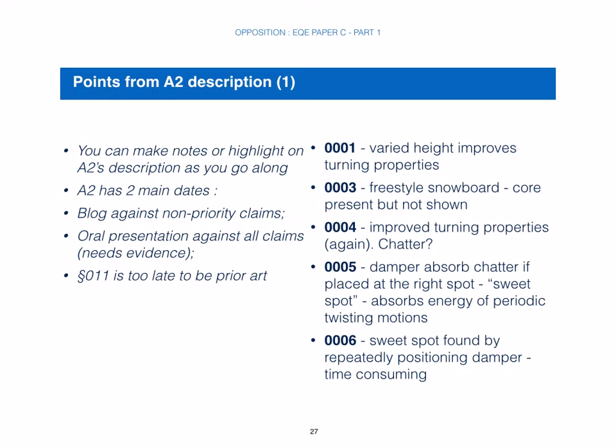Paragraph 4 talks about improved turning properties, and it talks again about chatter. Paragraph 5 says that the damper absorbs chatter if placed at the right spot, which is the sweet spot, and absorbs energy of periodic twisting motions.